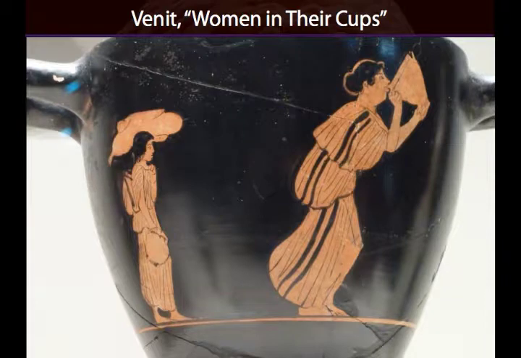Here we see one of the illustrations that's presented in the article. The large drinking vessel on the right here is a skyphos, and this is something that's used to further a stock stereotype of women as being pursuant of indulgence.